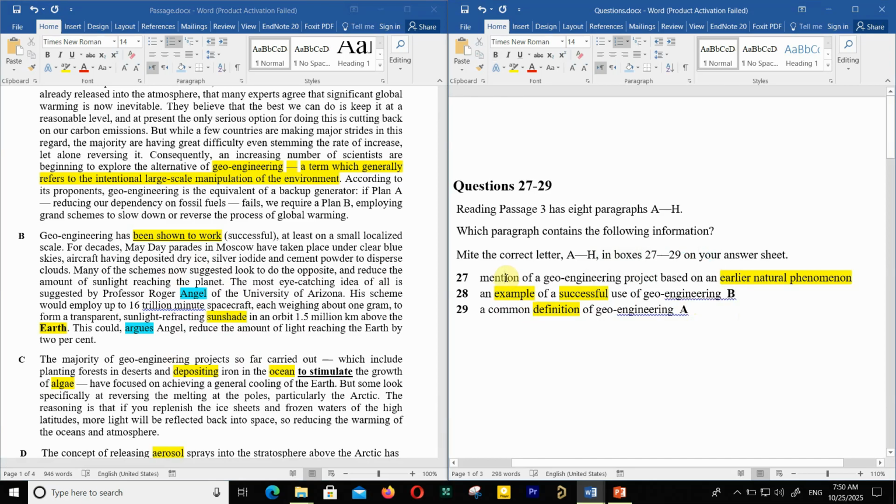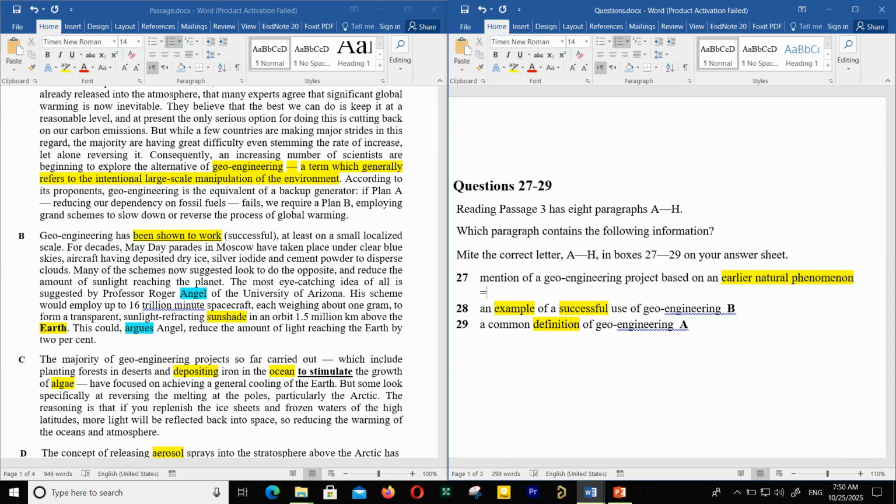Now we are left with just 27, and what can we apply for this question? It says earlier natural phenomena. For natural phenomena, they're going to use something like, I don't know, maybe a storm, maybe an earthquake, or maybe a rainbow. These are just some natural phenomena that you can look for in the passage, but this is a difficult one to look for.